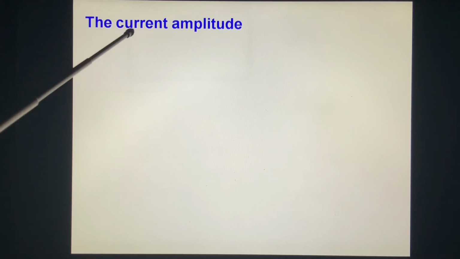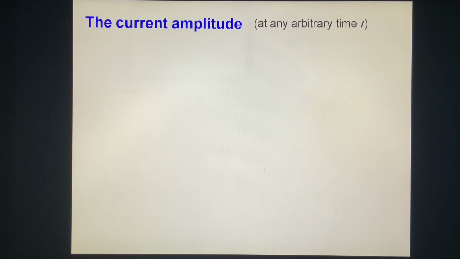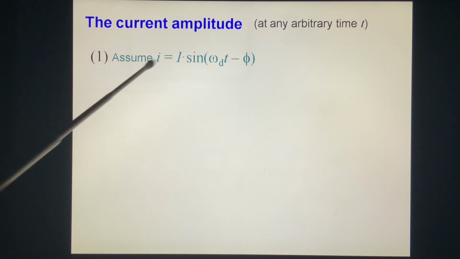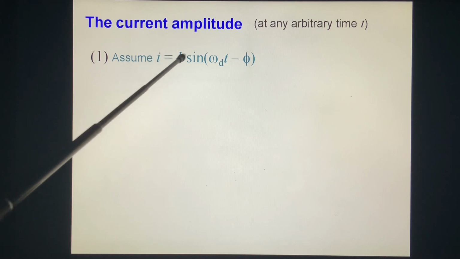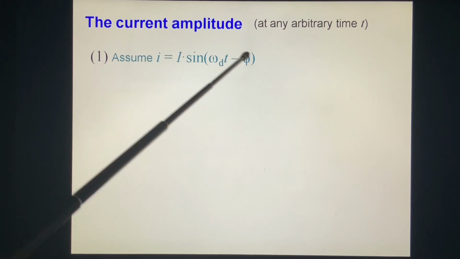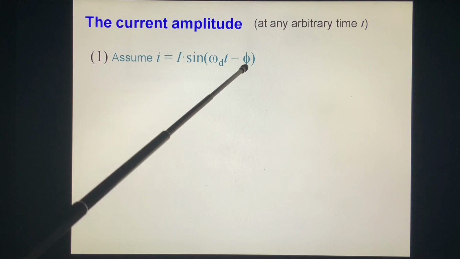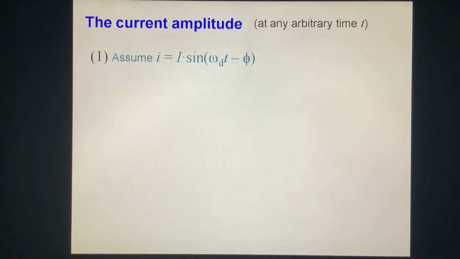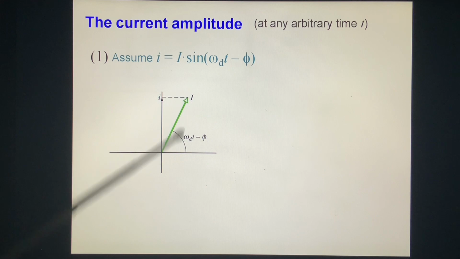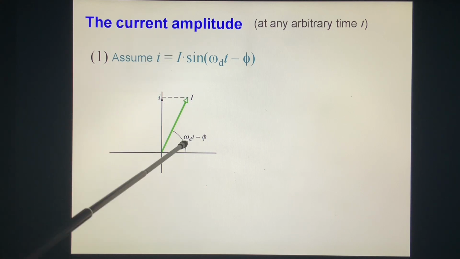So we should try to find the current amplitude at any arbitrary time t. First, we assume I equals Im sine omega t minus phi. We want to find Im and phi. This I is the same for the resistor, capacitor, and inductor. This angle is omega t minus phi.